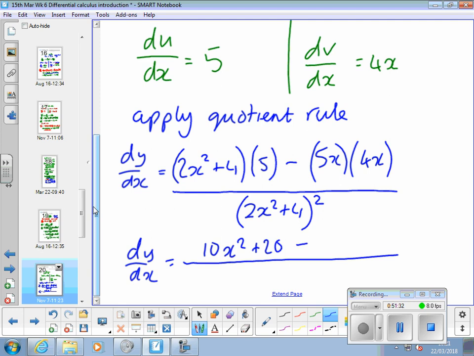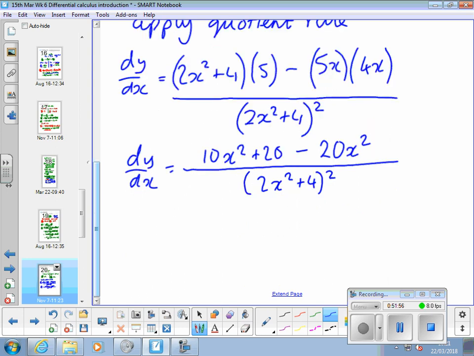Minus, all over 2x squared plus 4 all squared. What, down the bottom there?